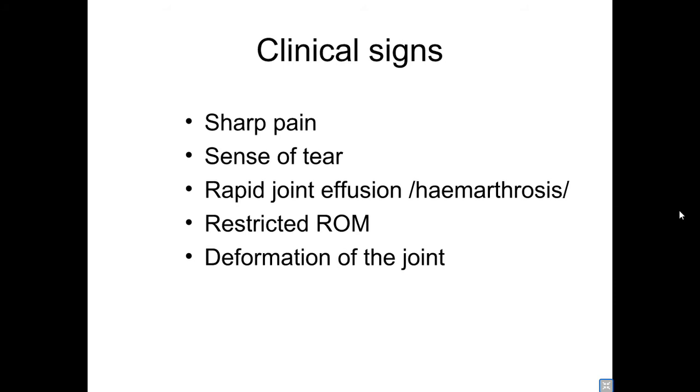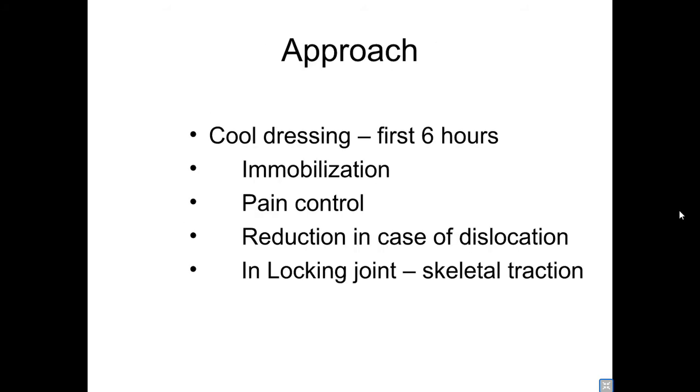Those clinical signs are not enough to orientate the examiner. That's why in every case we need an X-ray. X-rays should be done in two projections, AP and lateral. And in this way, we will be orientated about the presence or not of a certain fracture.